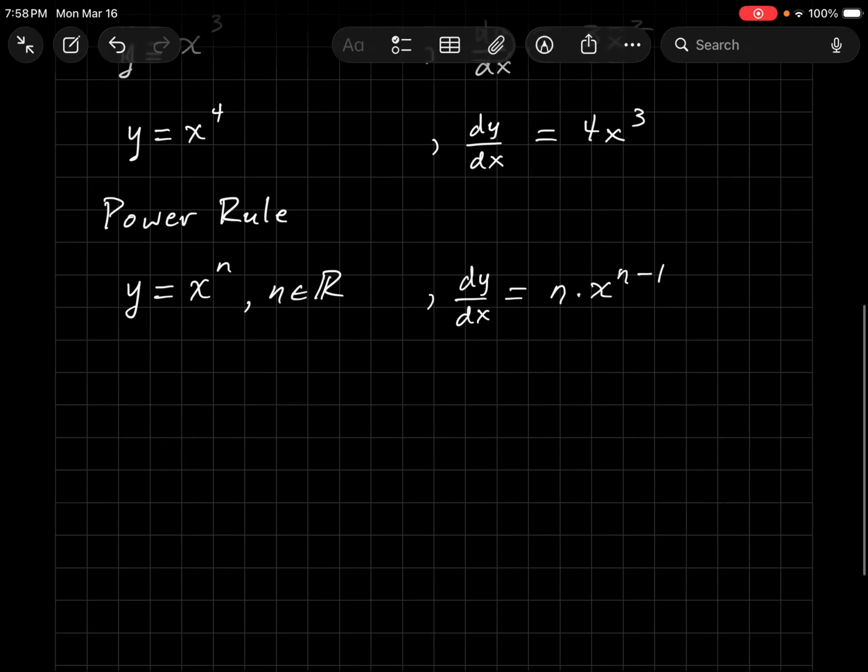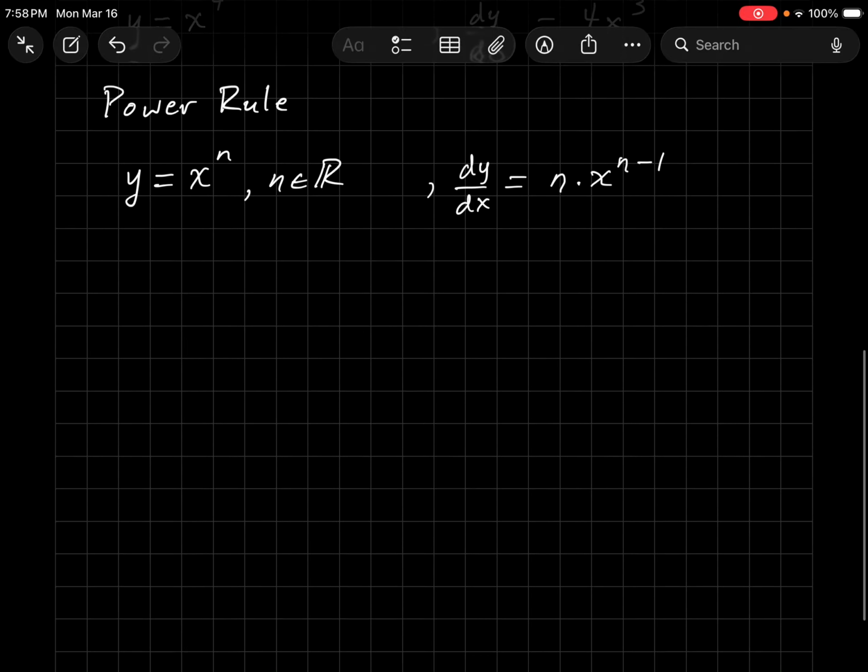Now we're going to add in something called the constant rule. I'll put the general case in just a bit. But what if instead of having y equals x, we have the function y equals 4x? Well, the derivative is simply 4 times the derivative of x, or 4.